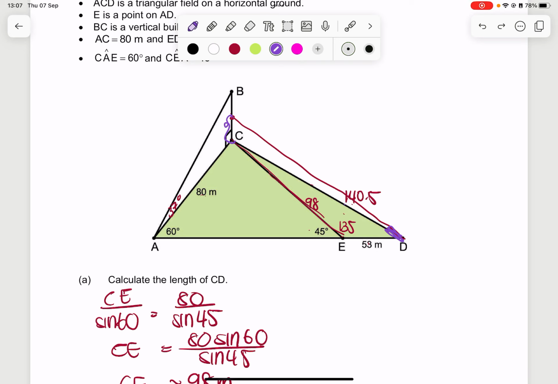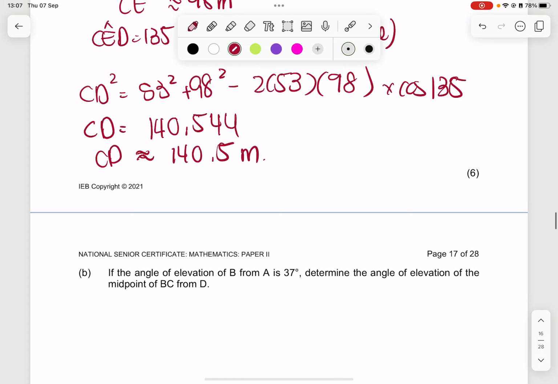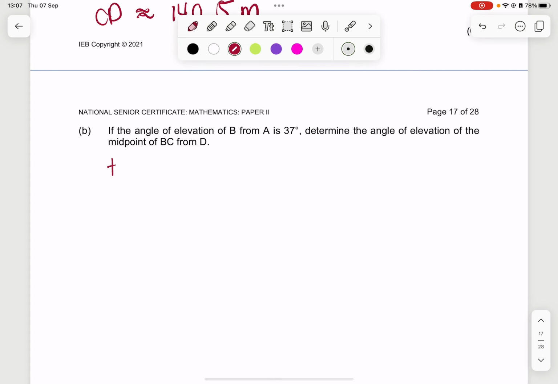So in order to find the length of this midpoint to C, we can use a trig identity from 37, and we have this 80. This is adjacent and this is opposite, and therefore we're using tan.